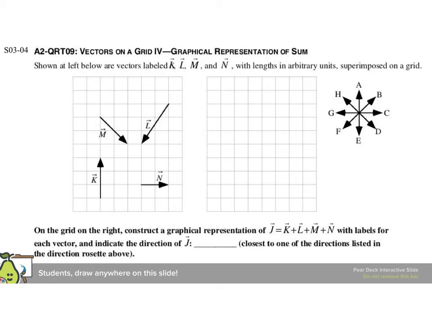All right, and then we just walk through. So let's take k towards the middle. So k plus l, which is down 3 and over 2. Oops, that's not so good. Let's try that. And then m, which is like that.